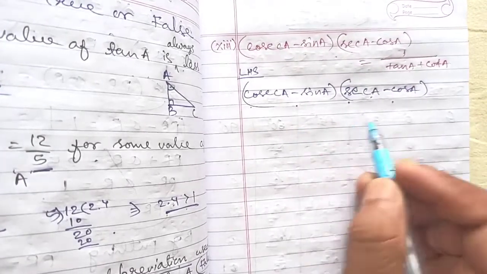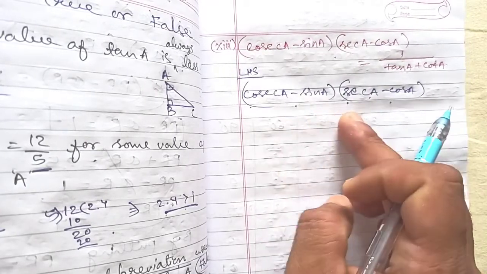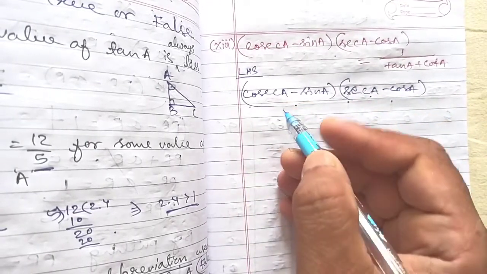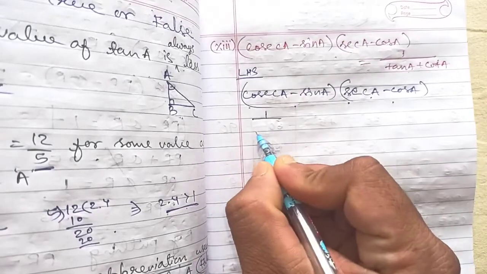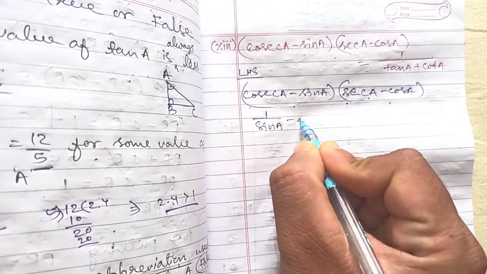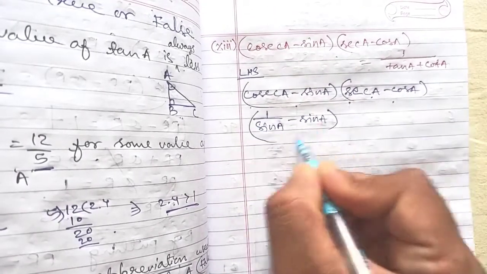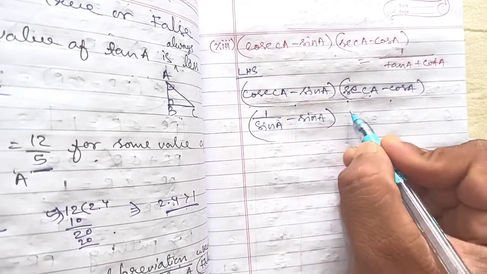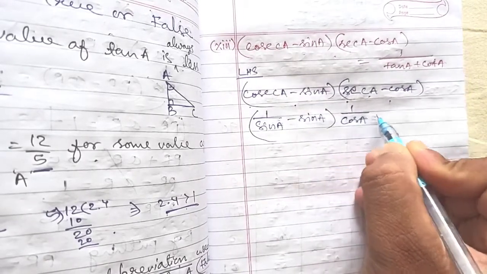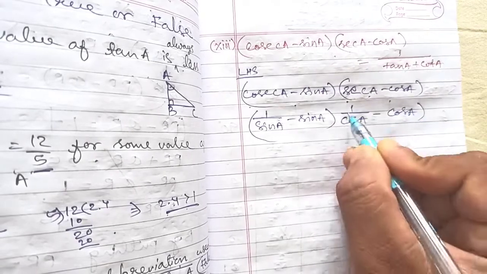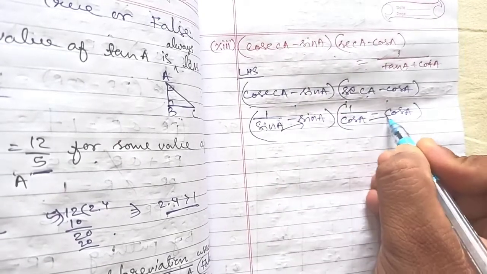I told you whenever you are unable to use any formula, there is no square, so convert everything in terms of sin and cos. So cosec a will become 1 by sin a minus sin a. This will be as it is because this is in sin. Sec a will become 1 by cos a minus cos a. Okay, multiply this one here, this one here.